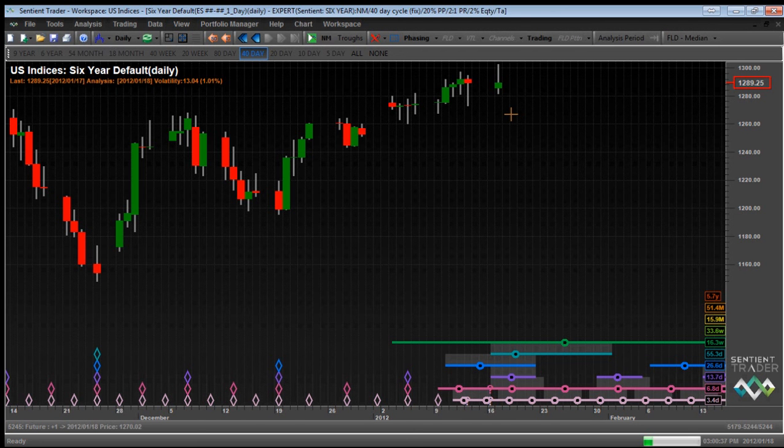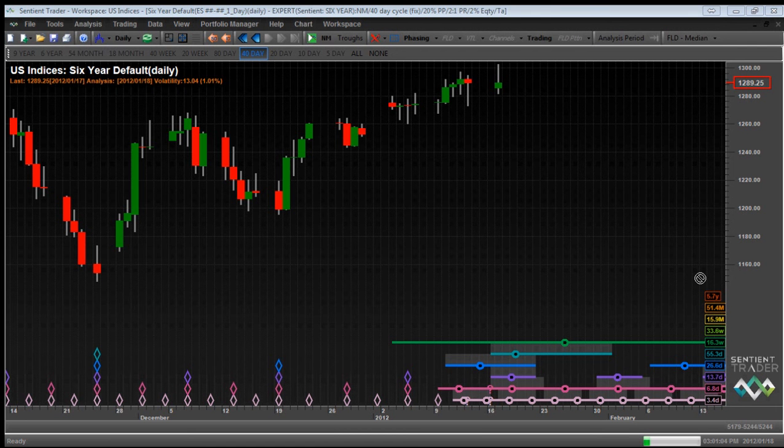And you can see recently, there's a great one, a huge long tail right up at the top. It really looks like the kind of bar you expect before a turn down. So Sentient Trader won't do any of that, but I most certainly do, and we strongly encourage people working with Sentient Trader to use it as a tool in their armory and to look at things like candlestick patterns.